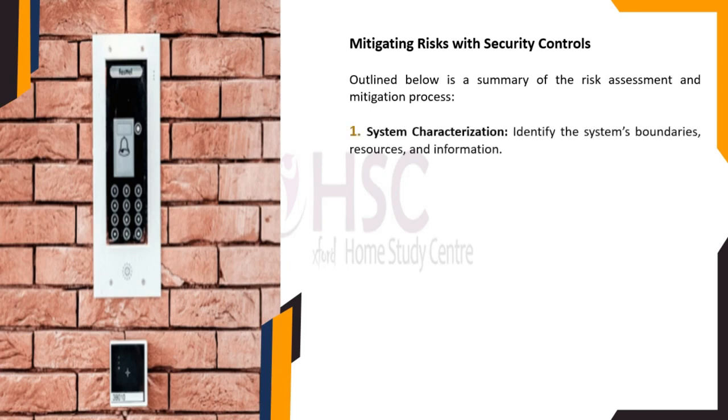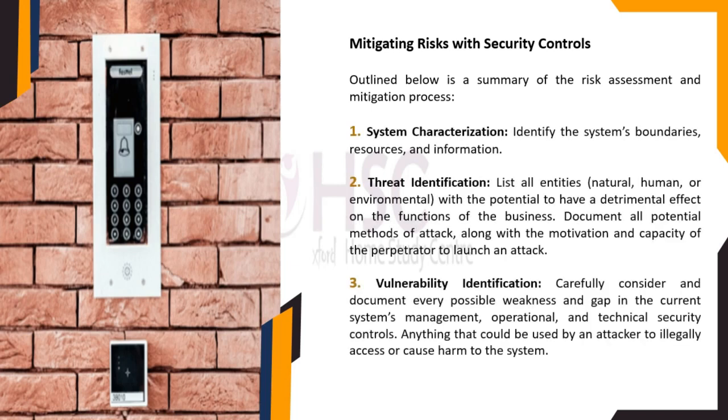Mitigating risks with security controls. Outlined below is a summary of the risk assessment and mitigation process. System characterization. Identify the system's boundaries, resources, and information. Threat identification. List all entities, natural, human, or environmental, with the potential to have a detrimental effect on the functions of the business.